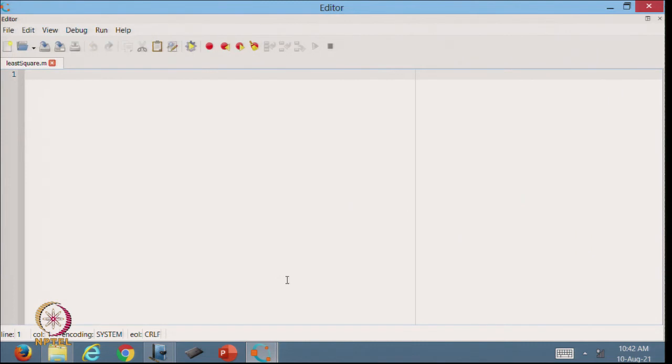So, this is my script file. First of all I want to clear all the variables, and then clc.